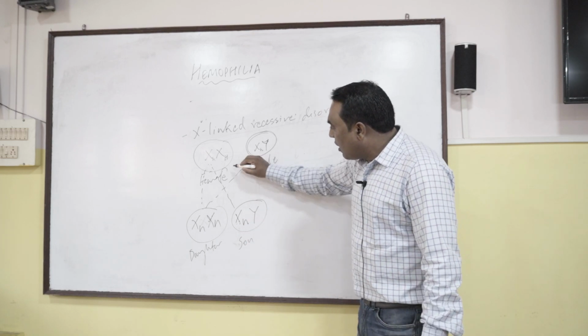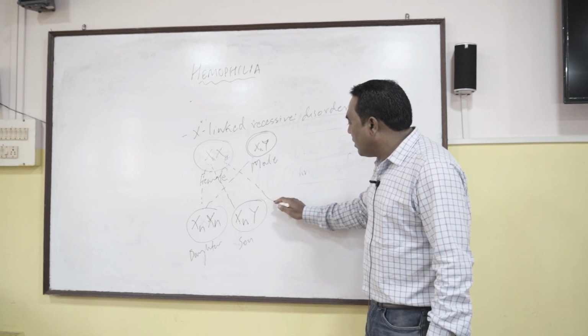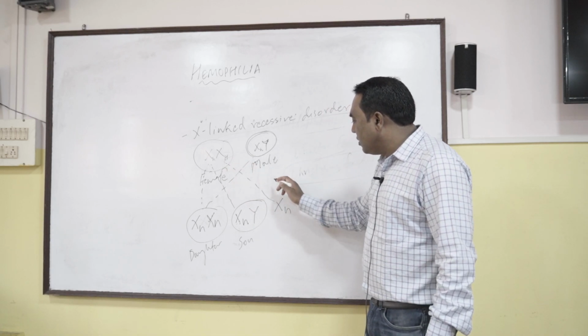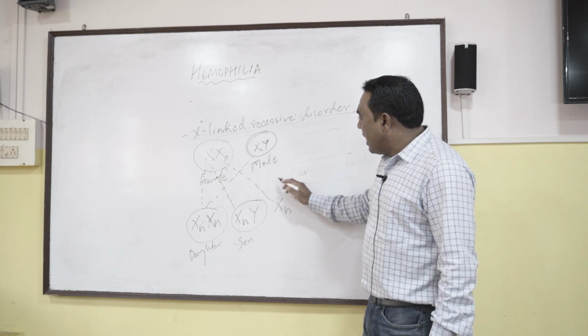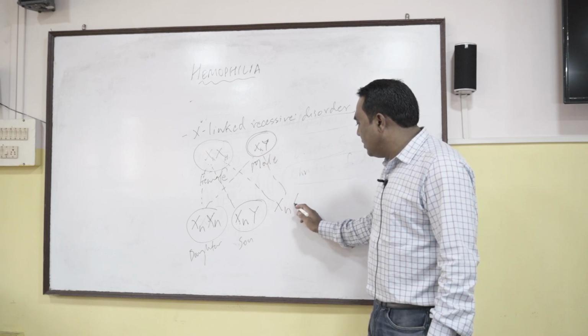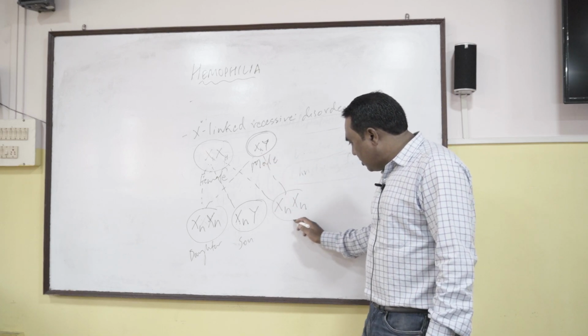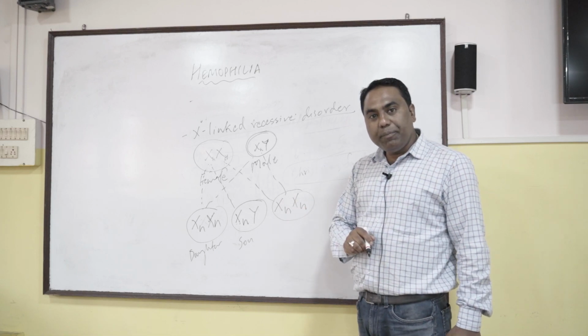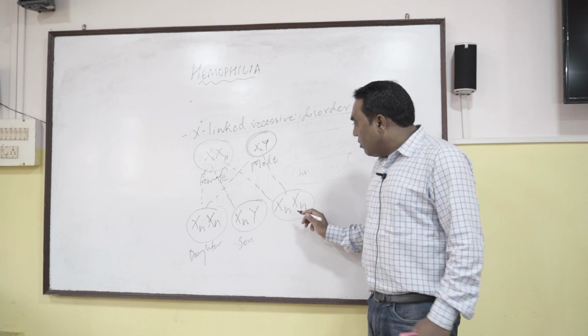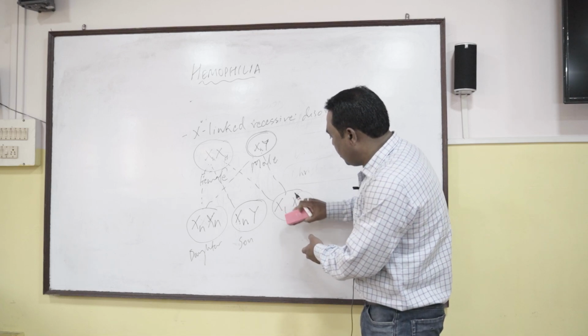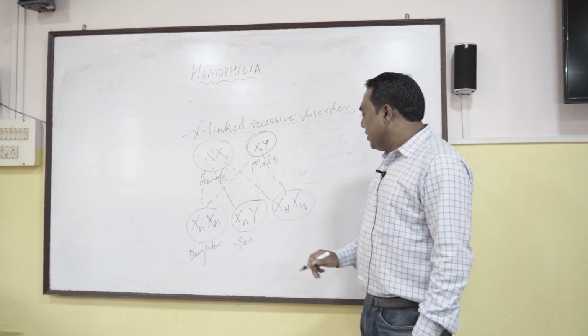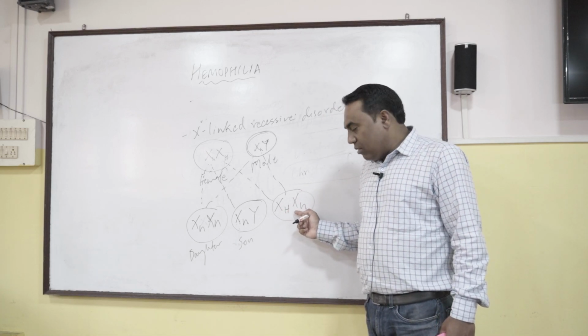Now in another case, the X with capital H will be transmitted, and the X with small h will be transmitted here, and because this is XX, she is also a daughter.